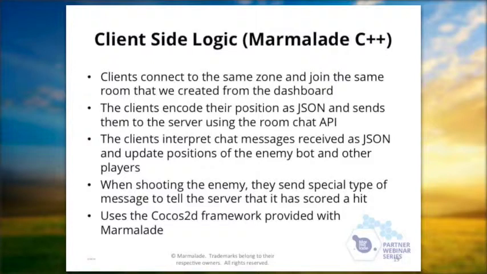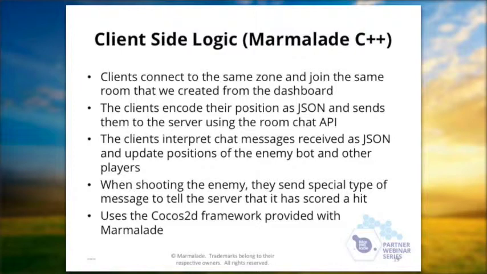Now, as the users move their player around the room, they encode their position as JSON and send it to the server. So in addition to their positions, if they shoot at the dragon, then they need to send a hit message to the server, indicating that they've scored a hit.